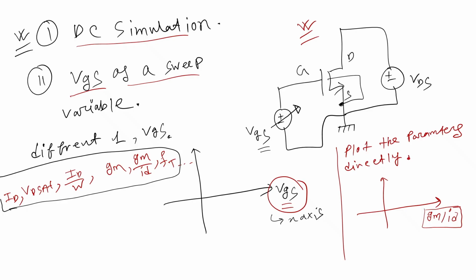We cannot directly get this plot against GM over ID, so we need to apply something different, and then we will generate all the parameters against GM over ID.